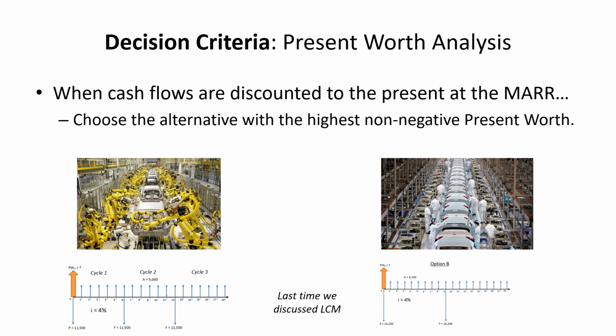In other cases, it's just a policy decision that's made by the management of a company on what's the minimum profit rate they want to see for a project in order to move forward with executing it. So there will be some interest rate that's specified. You discount everything to the present, and then you pick the larger of the 2 positive rates of present worth.